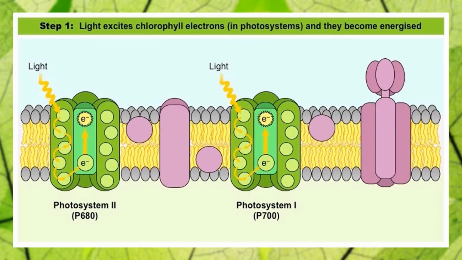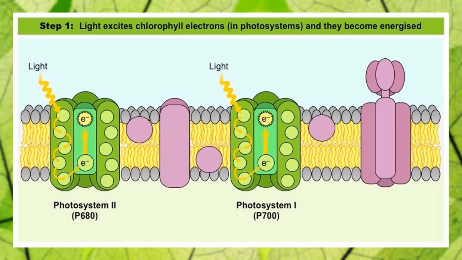Step 1. Excitation of photosystem by light energy. Photosystems are a group of photosynthetic pigments, including chlorophyll, embedded within the thylakoid membrane. Photosystems are classed according to their maximal absorption wavelengths: PS1 for 700 nanometers and PS2 for 680 nanometers.